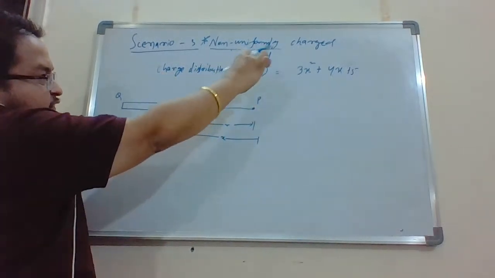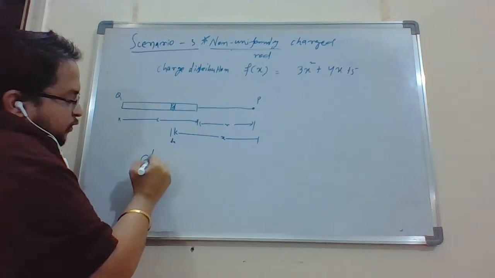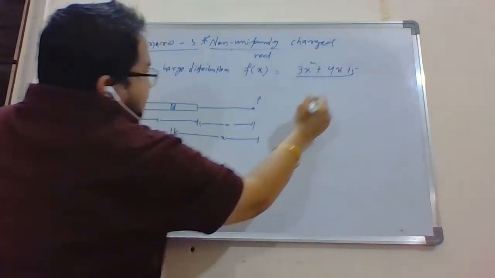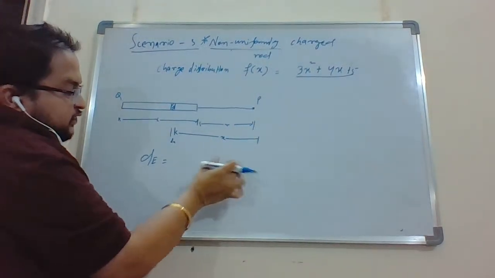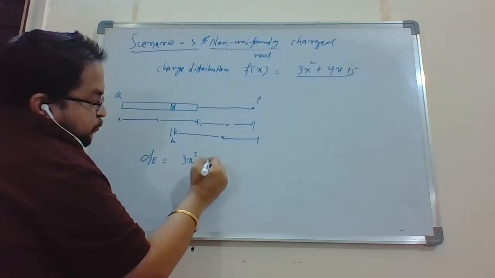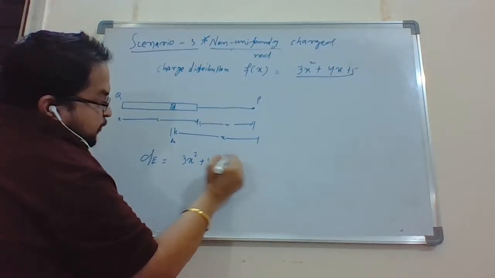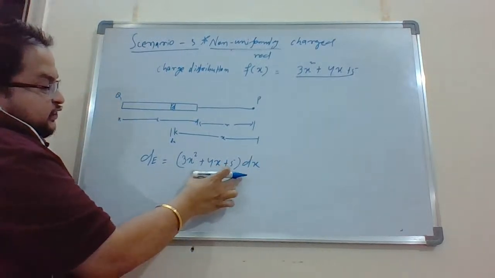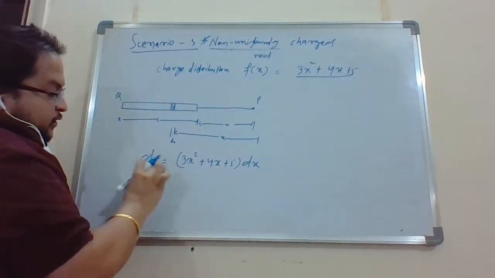Charge distribution is given, so your dE would be charge per unit length into length will be charge, right? So (3x squared plus 4x plus 5) dx. This is the charge in that segment.